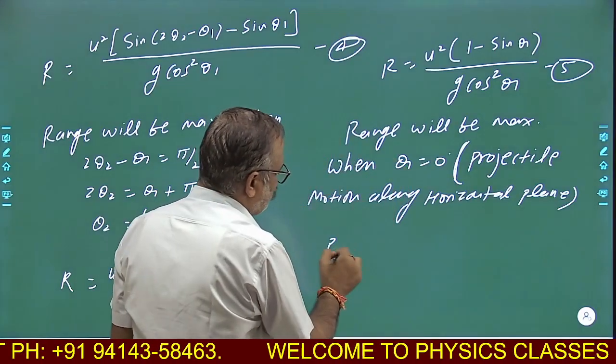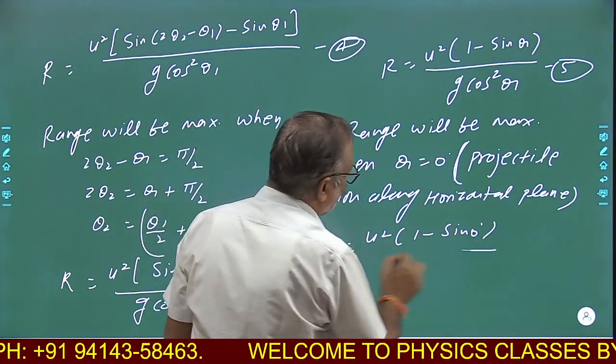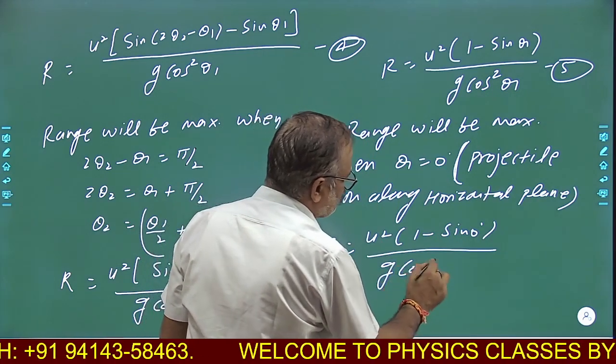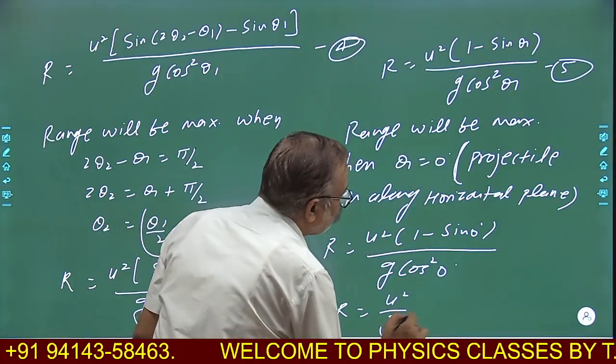R is equal to U square, 1 minus sin 0, upon G cos square 0. R is equal to U square upon G.